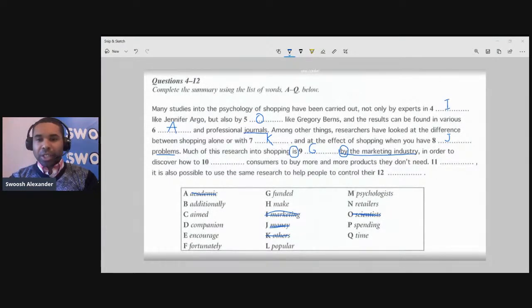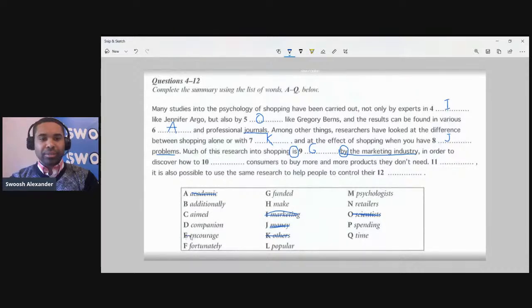Some great suggestions there from Alice going for funded. Number 10, Ash Jinichi, great to see you making a suggestion here. You're going for E for number 10. Is that correct? Let's see. It's funded by the marketing industry in order to discover how to, and if we go for E, encourage consumers to buy more products they don't need.